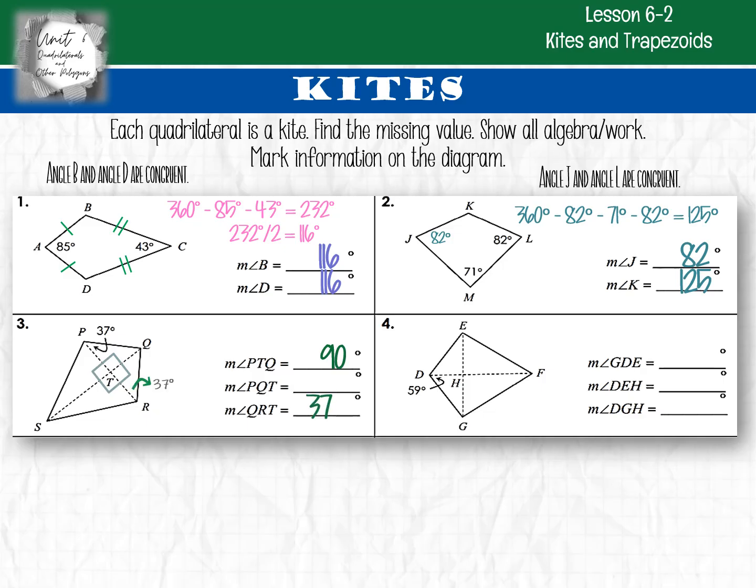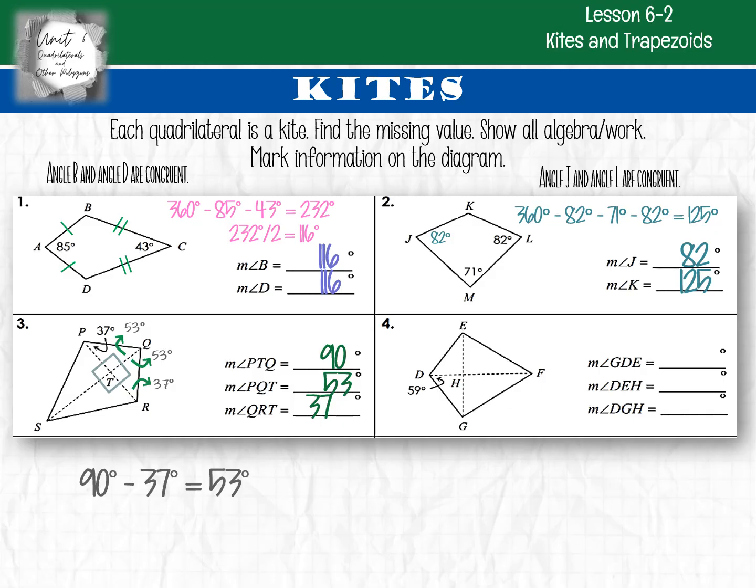Well, the measure of angle QRT is the same as the measure of angle QPT, so that's 37. So if we subtract the 37 from 90, because the acute angles of a right triangle are complementary, we get the last angle that we need to know, which is 53.